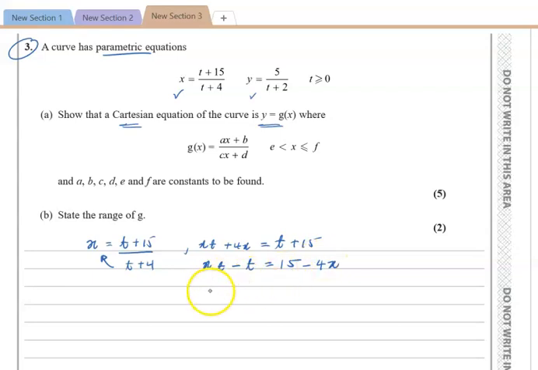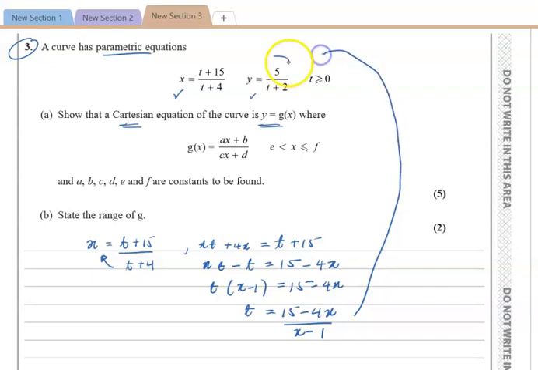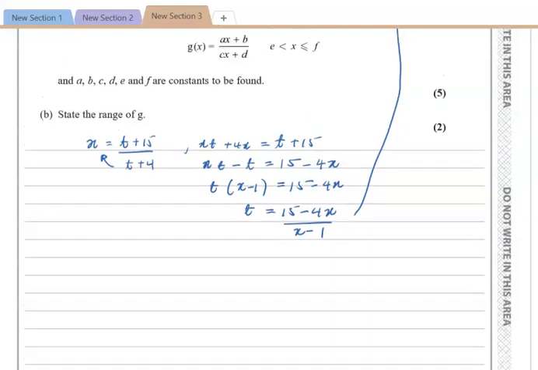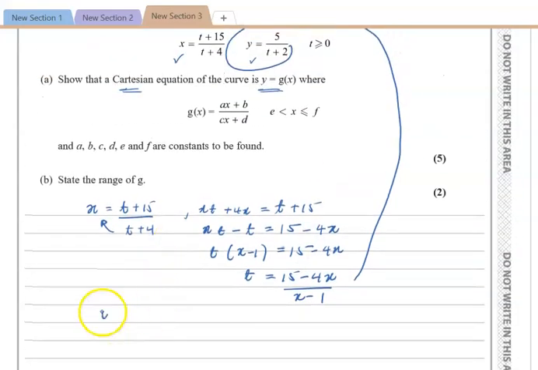Now, here you factorize the t outside, so you have t times x minus 1, and this is equal to 15 minus 4x. So you see that your t is equal to 15 minus 4x, all over x minus 1. Now you're going to substitute this t you have made the subject into the y, so that you can get your answer. So you have your y as equal to 5 over t plus 2. Let us substitute.